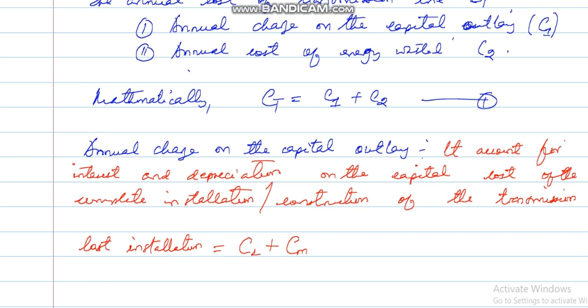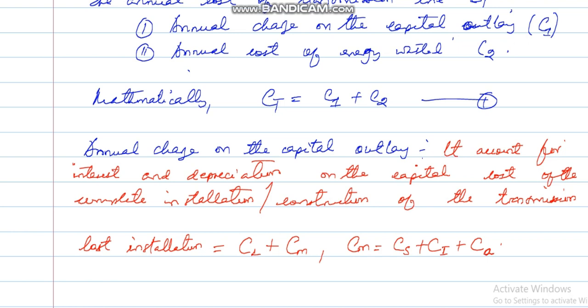And CM, cost of material, tunasema hapa ni cost of supports CS, support structure, cost of insulators CI, and tunasema plus cost of conductor, let's say this is CA, cost of conductor material.